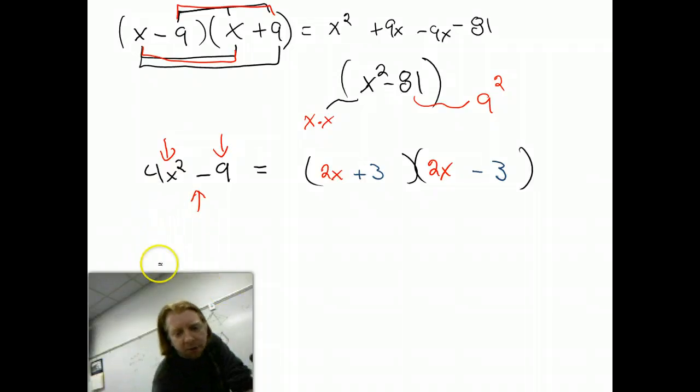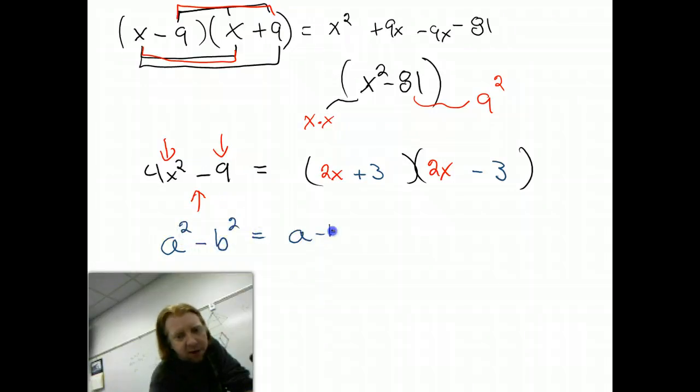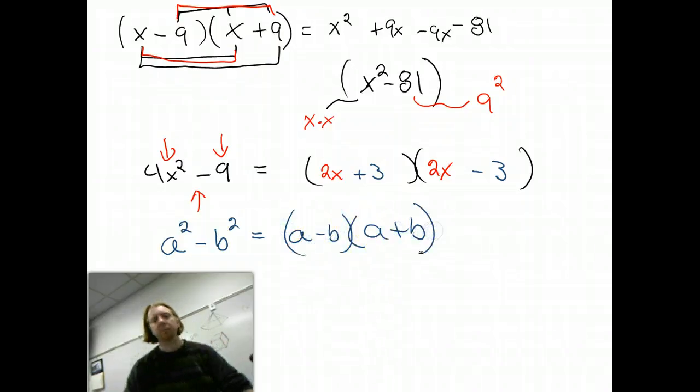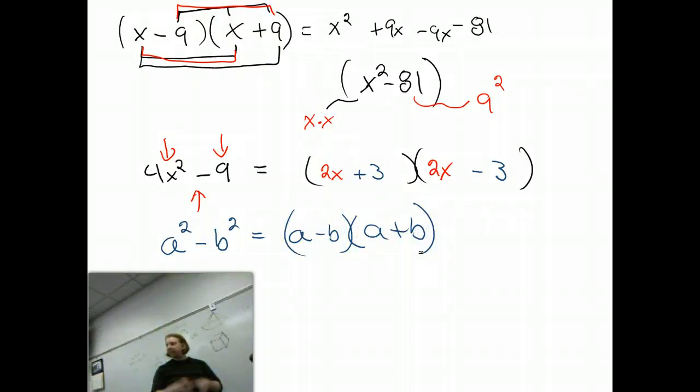Now let me throw another thing up here to kind of add on to this. The rule looks generally like this. You'll see a squared minus b squared. Factors is a minus b, a plus b. A and b just mean anything squared minus any other thing squared.